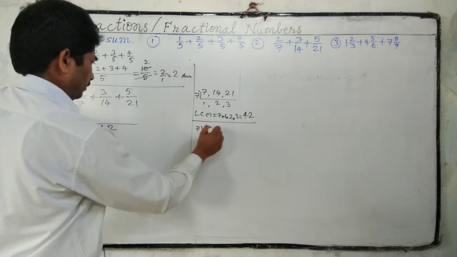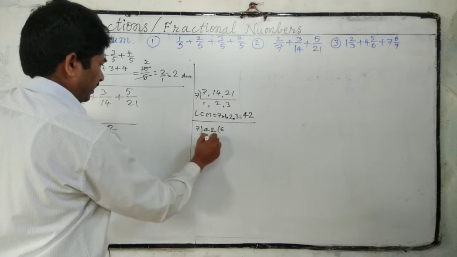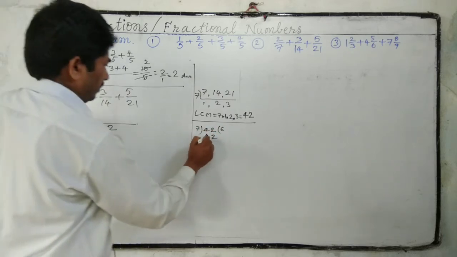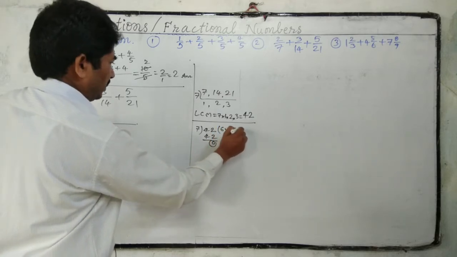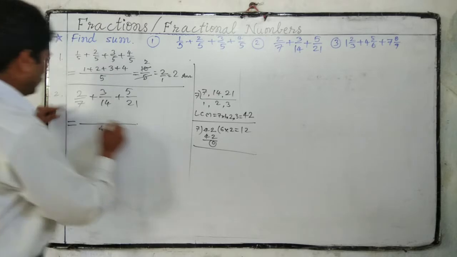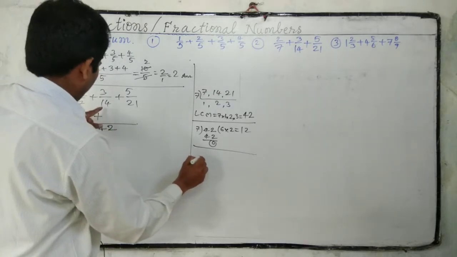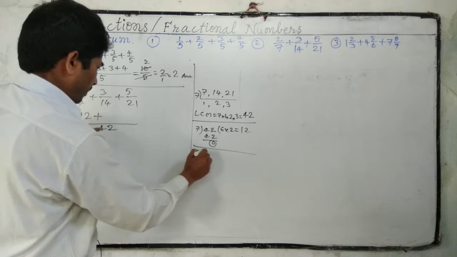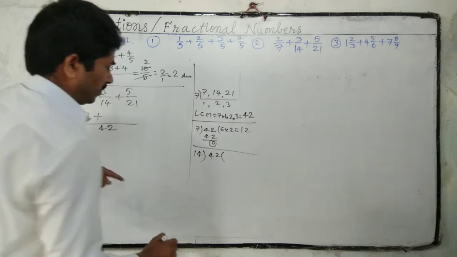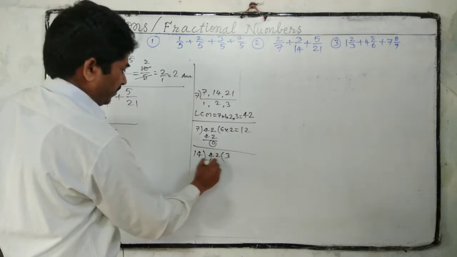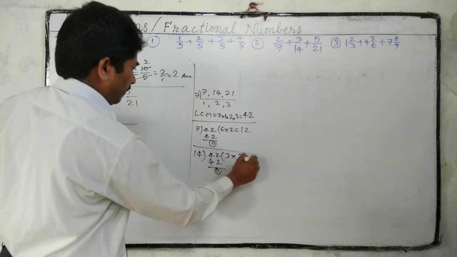7 sixes are 42. 6 twos are 12. Again, 14 threes are 42. 3 threes are 9.